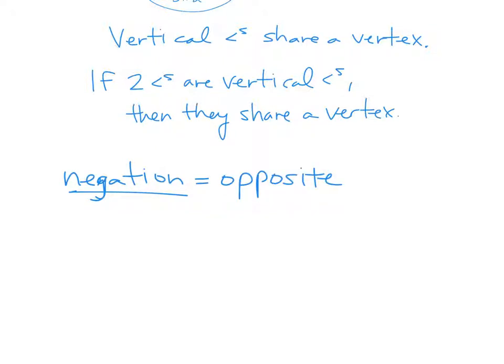So, for instance, if I say the sky is blue, the negation of that would be the sky is not blue, okay? If I say the sun is not out, the negation would be the sun is out. So usually a negation is just adding a not or taking out a not. Sometimes that's not the case, but I would say 90% of the time it's just put a not in, take a not out. Okay, one of those two.